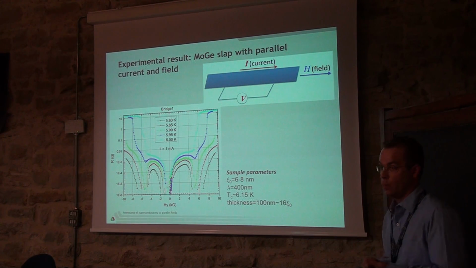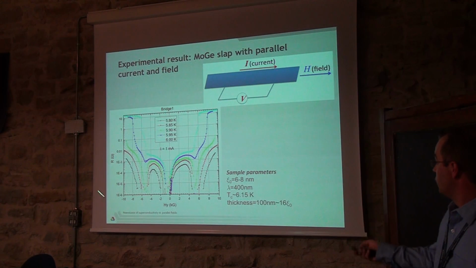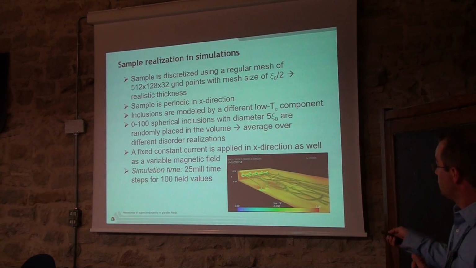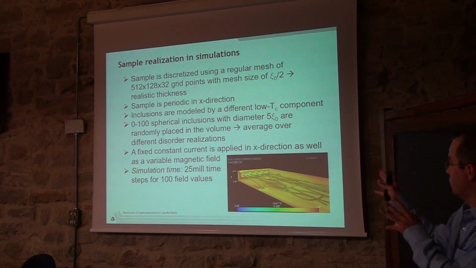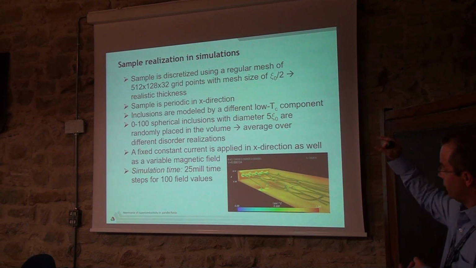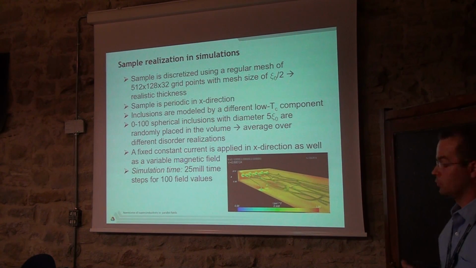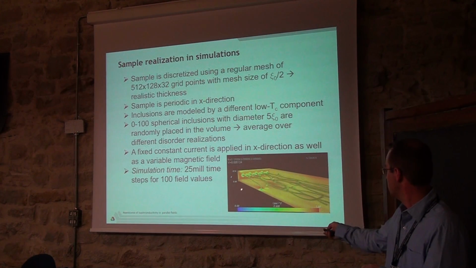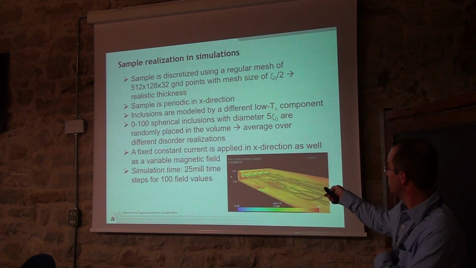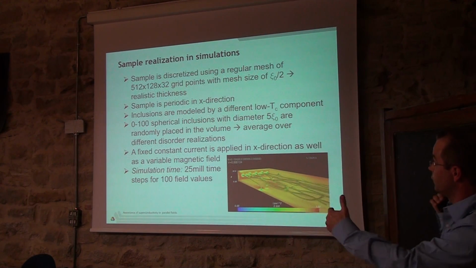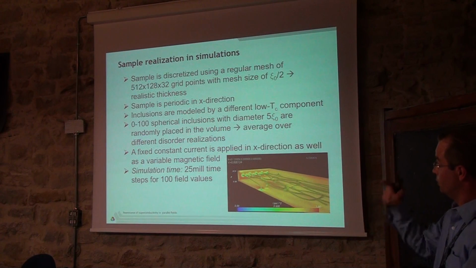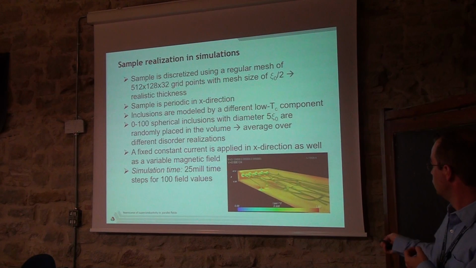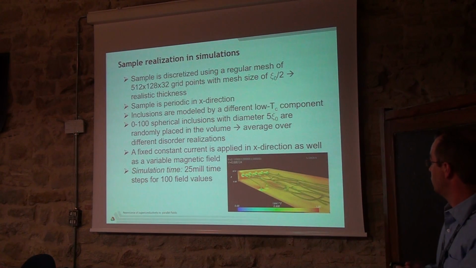So we tried to find a way to simulate this sample here. And this is our realization basically of the sample. We used a regular grid. Our mesh size is about half of the zero temperature coherence length. We use 32 grid points in the z direction, which is the thickness. And in x direction, it's a very long sample, and we have a periodic boundary condition in x direction. Again, we also need inclusions here, which are modeled by Tc modulation.